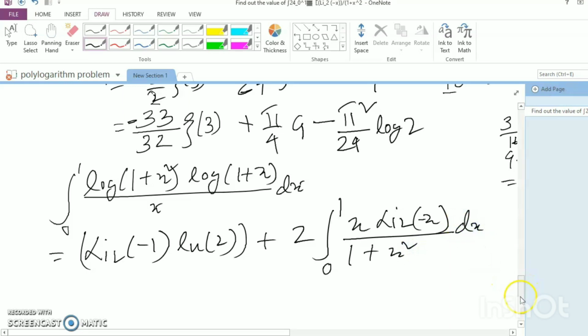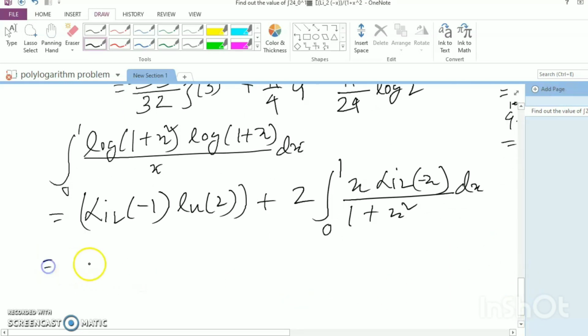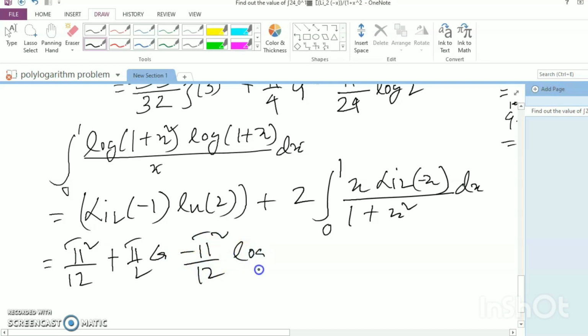Okay, if I use this formula, Li2 of minus 1 is equal to pi square by 12. So it is pi square by 12. And if I multiply this with 2, whatever I get is pi by 2 G minus pi square by 12 log 2 minus 33 divided by 32 zeta 3.